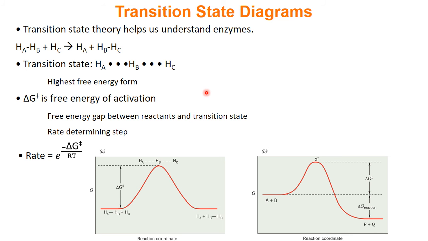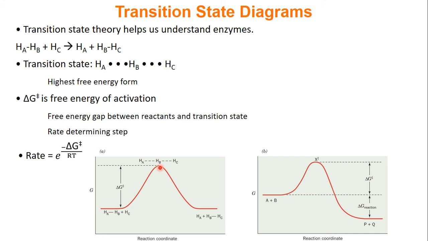Here is an energy diagram of a catalyst or enzyme in action. So we have the reaction of a bond switching. If we look here, we have A and B bonded. We add C, and now B and C are bonded. So we start here and we go here: reactants, products.